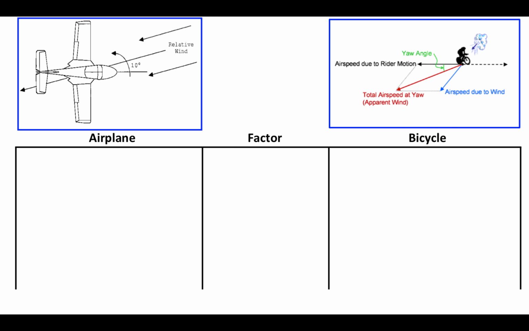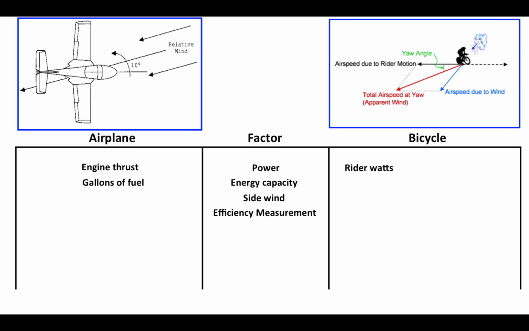Let's compare airplanes and bicycles with respect to power, energy capacity, side wind, and efficiency measurement. With an airplane, power is measured in engine thrust. In a bicycle, it's the number of watts put out by the rider. With respect to energy capacity, in an airplane, gallons of fuel.